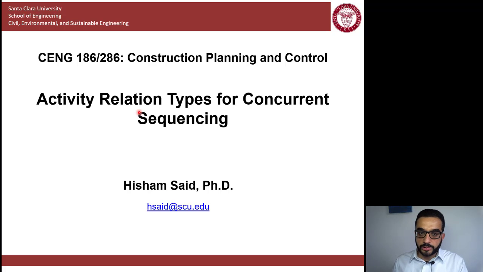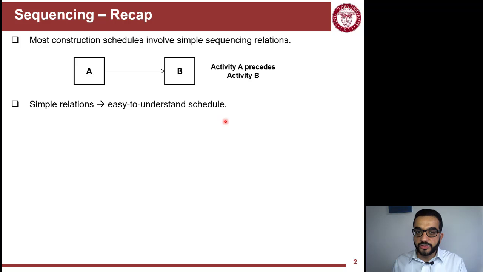So we will explain that there is more to how to sequence an activity. Previously we were just representing this simple logic that A precedes B or B depends on A. It's a simple relationship, but simple relationships are good.